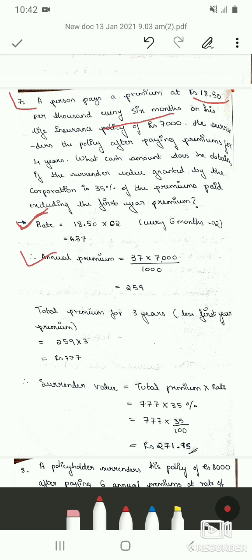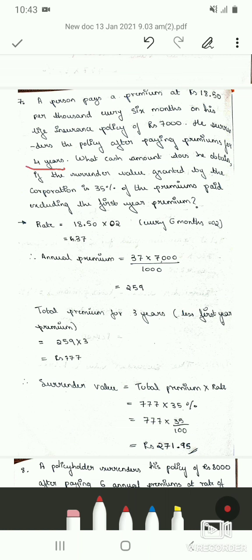Now let us calculate annual premium, which is rate into policy amount by 1000. So we got the rate as rupees 37 and the policy amount is 7000 by 1000, which is rupees 259, and the total premium for 3 years is 259 into 3, which is rupees 777.